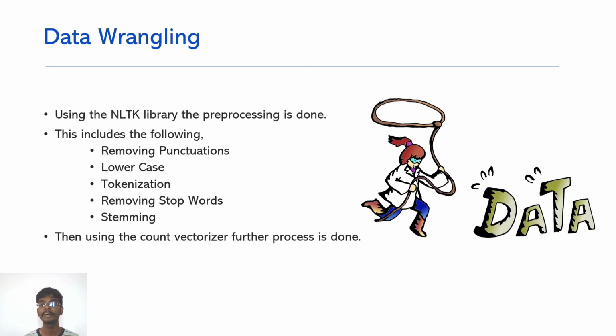So consider a word called playing. Playing is similar to play, but it's not a continuous thing, right? So we just need the main thing. Play is enough. Now consider a word called caring, CARING. If you do the stemming process, it will remove the ing and it will become car. Is it a relevant word for caring?